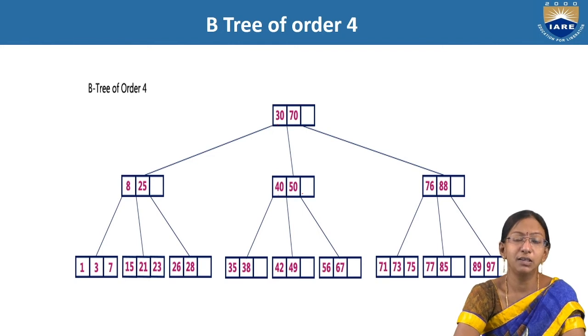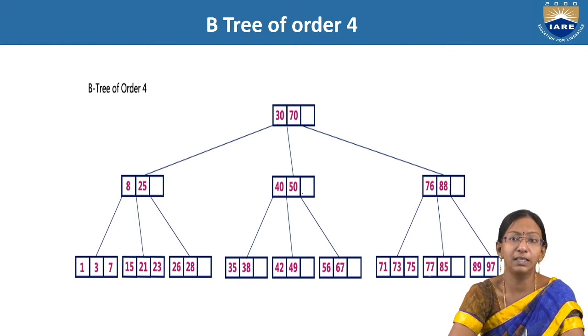So this is a recursive process with which we represent B trees, and B trees have the property that you can see each and every root and subroot is at least 50% filled, right? And all the leaf nodes are at the same level.